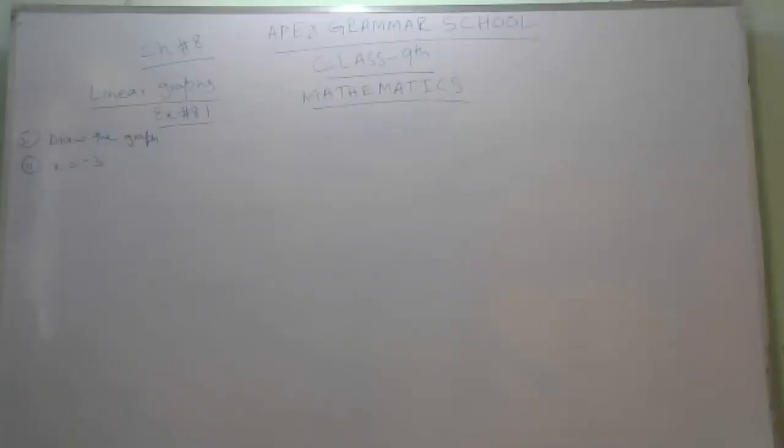for x is equal to -3. Now this is again just like the previous part. We need to say the value of x is fixed at -3, but the value of y is not fixed. So the value of y can be any value, so you don't need to draw through points.